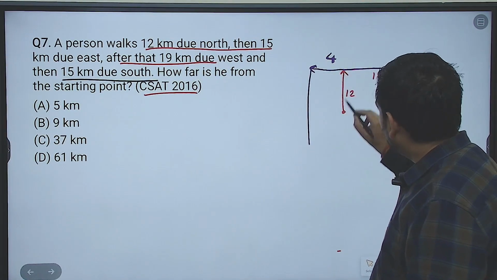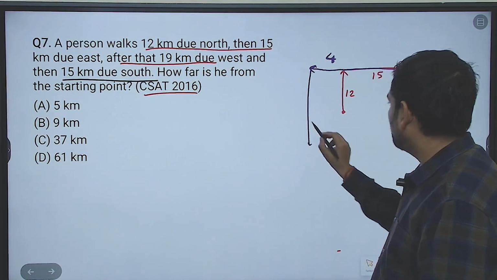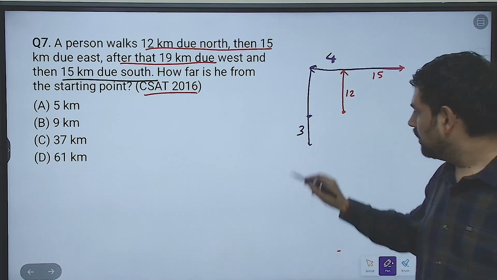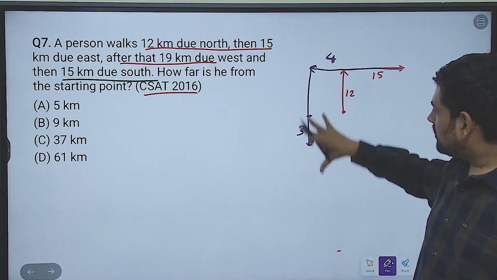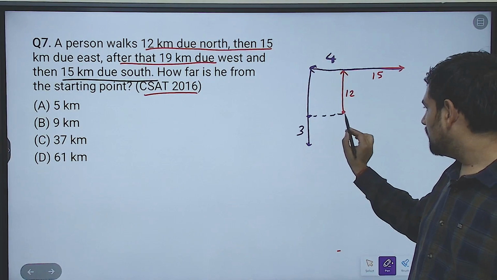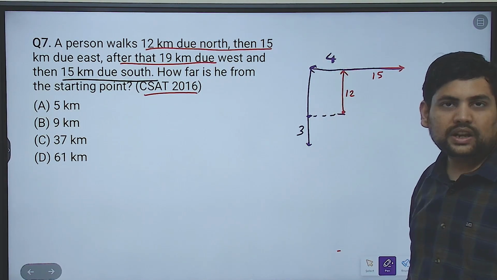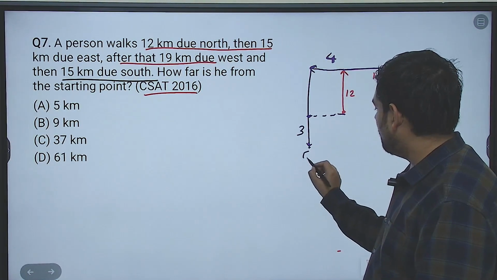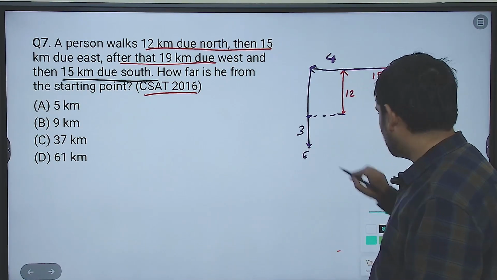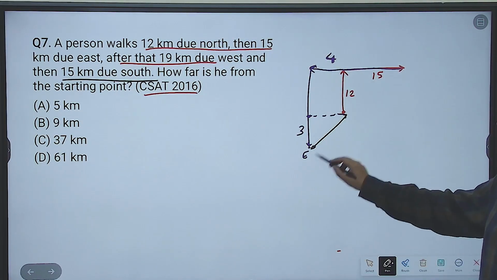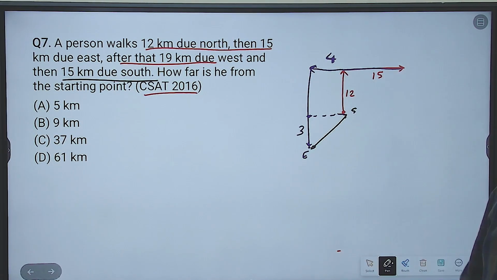That means 12 kilometers this, and then 3 kilometers more. If the total was 15, then 12 kilometers is equivalent to this, and then 3 more. Now if this is the end point, what length do you need to find? You need to find this length, from start to end.